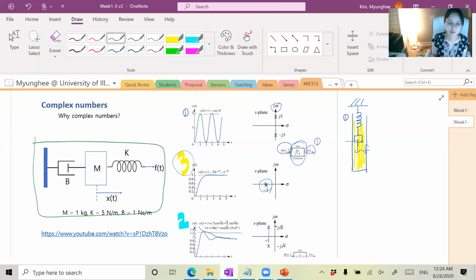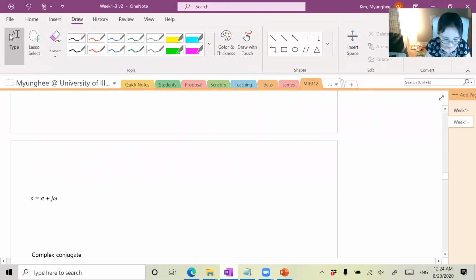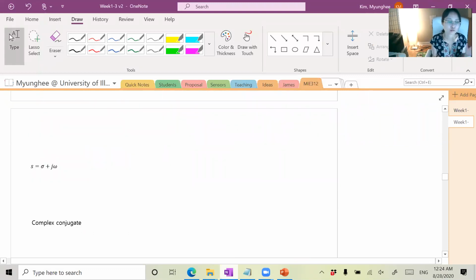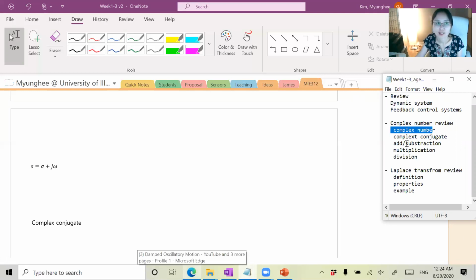So then the next step is let's quickly review complex numbers. We just looked at why we are using complex numbers, and now let's look at some operations. Okay.